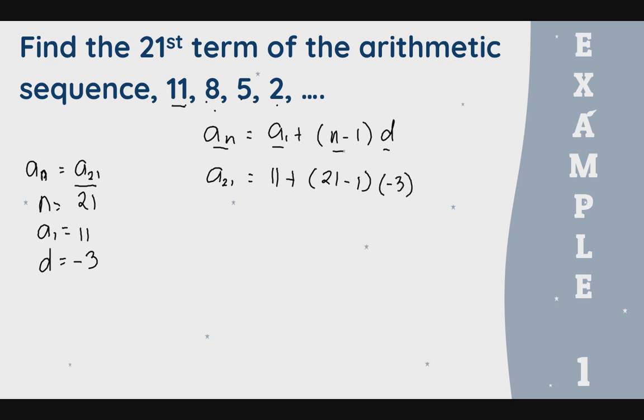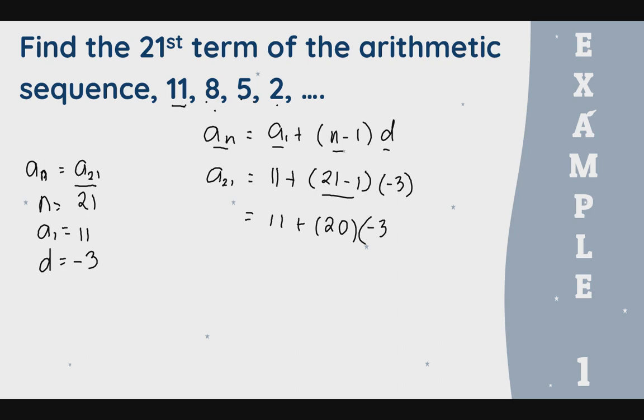Now, let us solve first the terms inside the parentheses, which is 21 minus 1, which will be equal to 20 times negative 3.